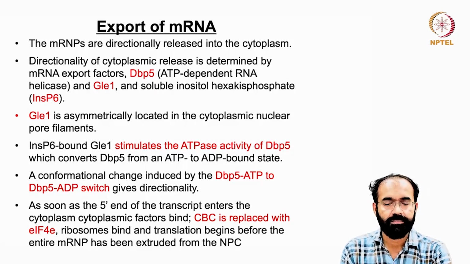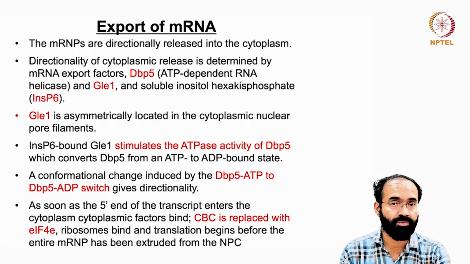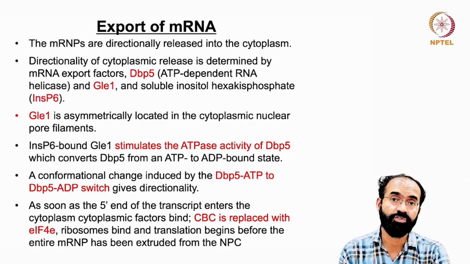So here this conformational change from DBP5 ATP bound to DBP5 ADP bound gives a conformation change so that it cannot go the other way around. The RNA cannot come from the cytoplasm to the nucleus, but it can go from the nucleus to the cytoplasm. This is what directionality means, which is structure-induced directionality.